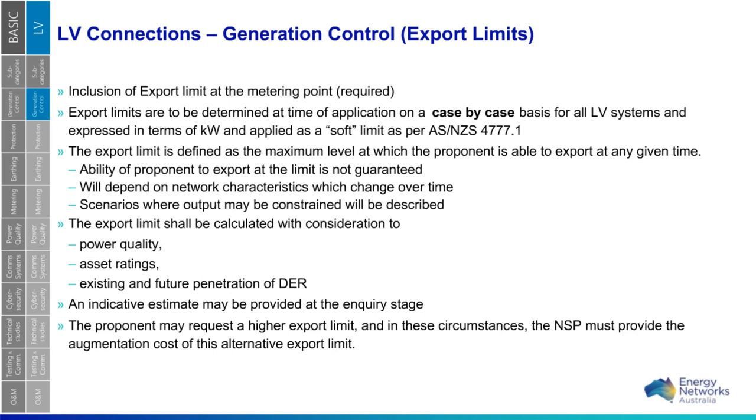Export limits for LV connections are determined on a case-by-case basis at the time of the application. There would also be a soft limit. I'm not sure if I mentioned this before, but the soft limit means that the inverter would be ramping down rather than tripping off, which would be a hard limit. Essentially, the export limit would be calculated with consideration to power quality, asset ratings, and then penetration to the network.